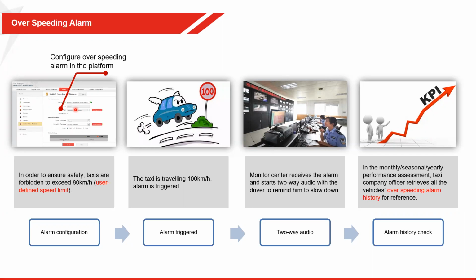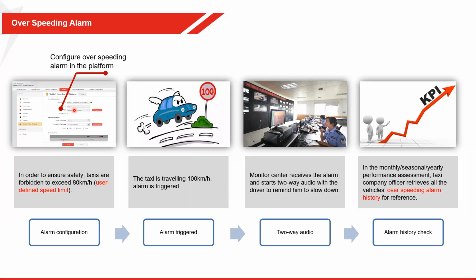So again, this can be applied to all of the sectors. So a school bus, a transportation vehicle. I wouldn't say so much our security services vehicle, but yes, it can be applied there as well. Because if the vehicle's speeding, then yes, you can have audio communication to know why they are speeding.